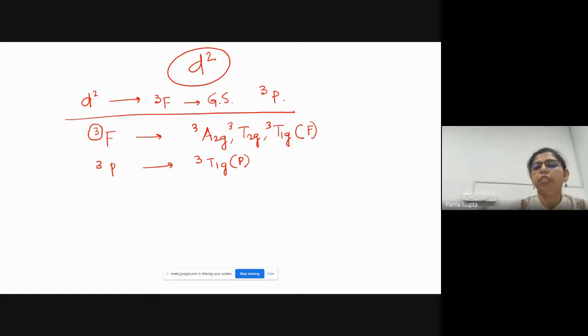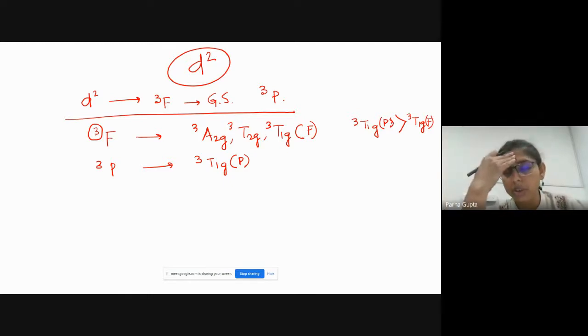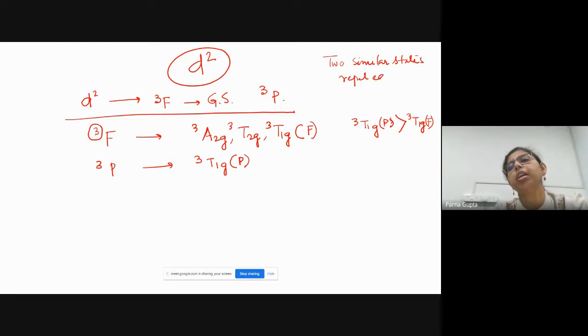Now the point is that from the ground state term only, we know that the 3T1g(P) term will be of higher energy than T1g(F). Even if it is not in the Tanabe-Sugano, I am not drawing right now, but if you remember what I tell, two similar states generally repel each other.